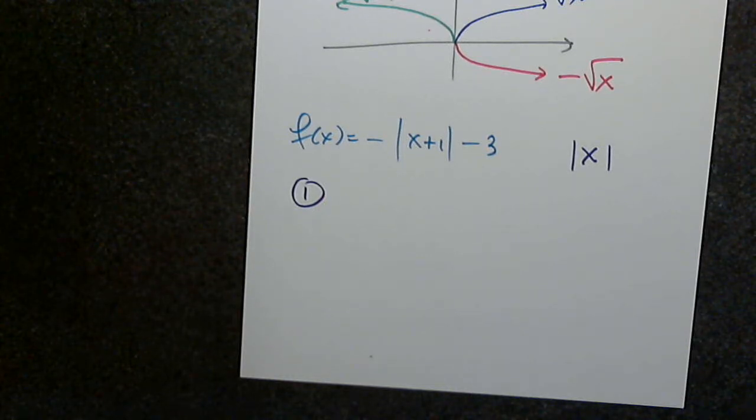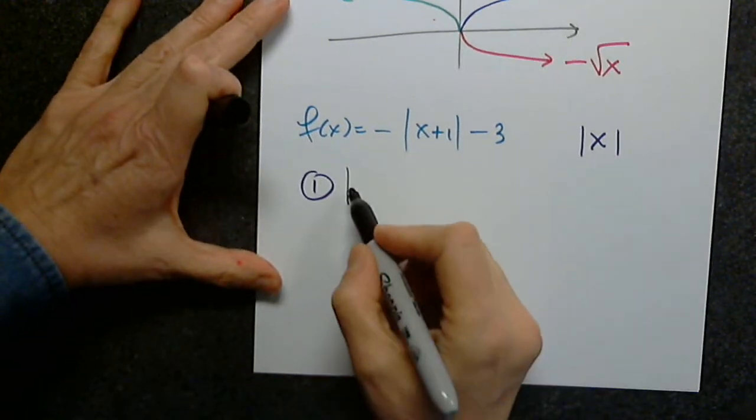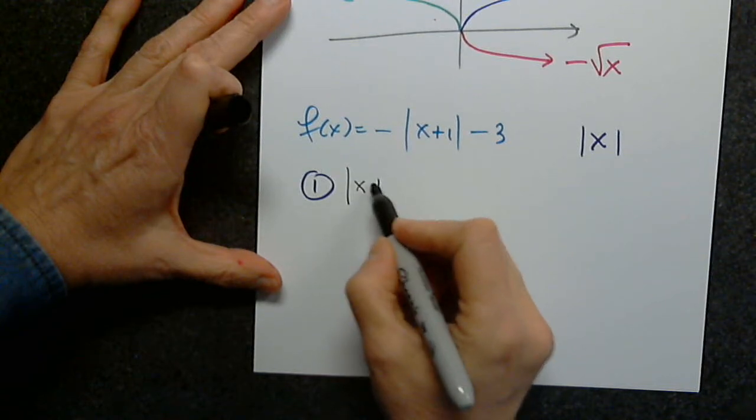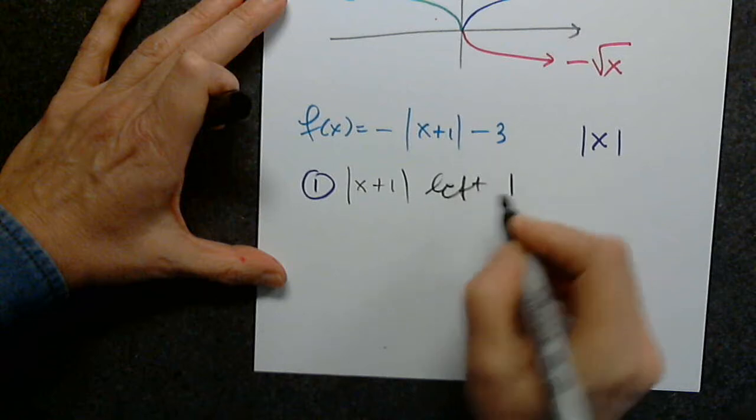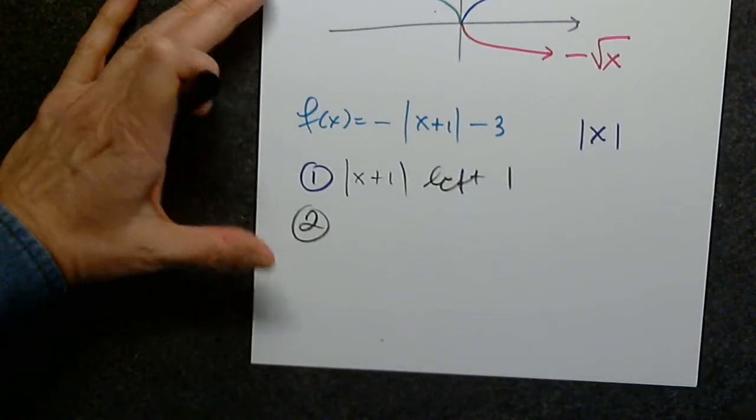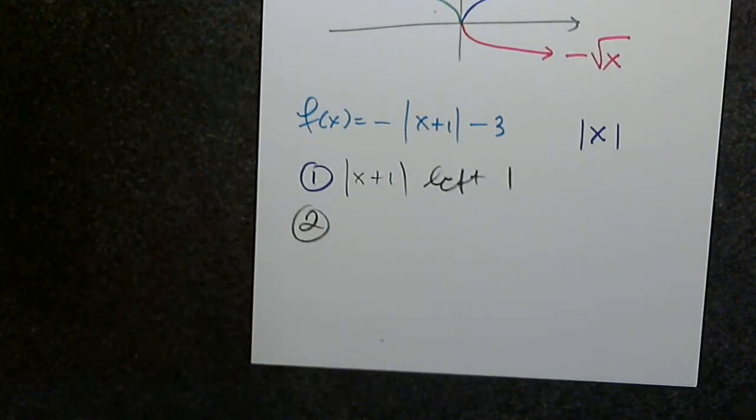So please dictate the first step, the first function. With the absolute value. The absolute value of? X plus 1. Awesome. Where does it go? Left one. Awesome. Excellent. Number 2. Remember, number 2 is a transformation on number 1. Now you are comparing this to this. What transformation is that?